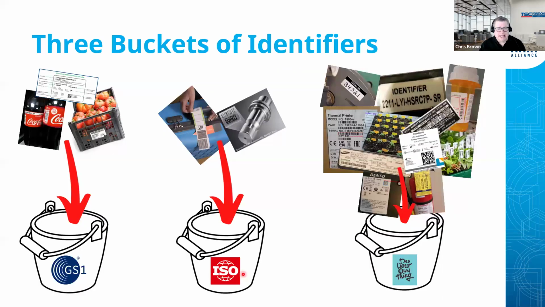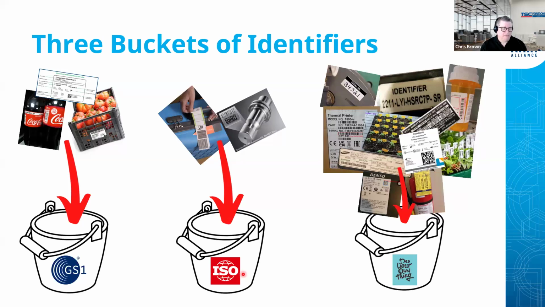Now let's start classifying these identifiers. I put them into one of 3 buckets. On the left, we have our GS1 bucket. So many of the identifiers that you are familiar with follow GS1 standards. They use GS1 numbers or GS1 data constructs, and they use GS1 barcode constructs.